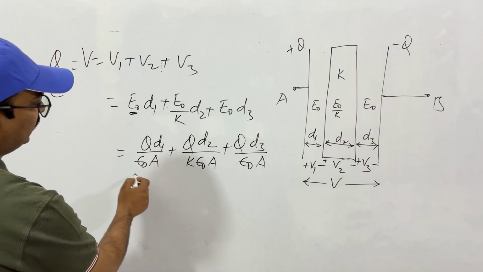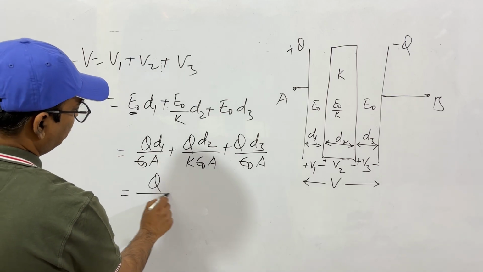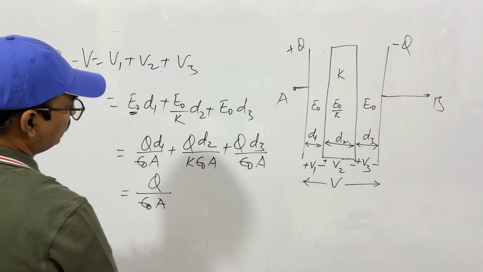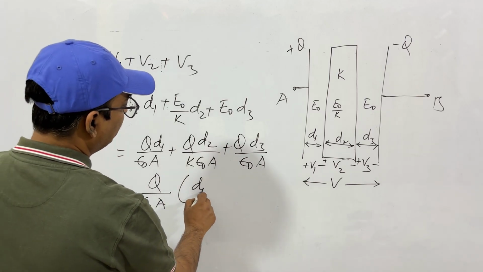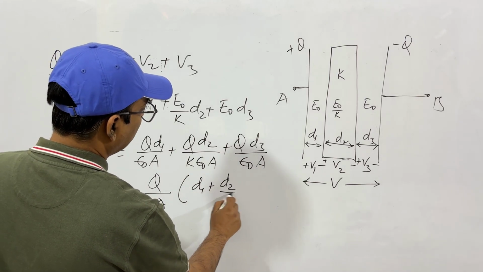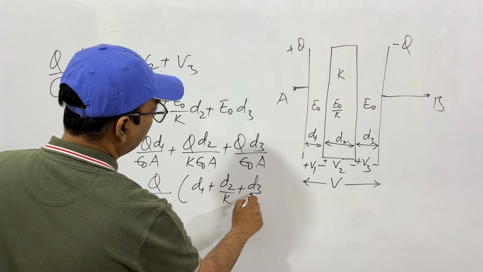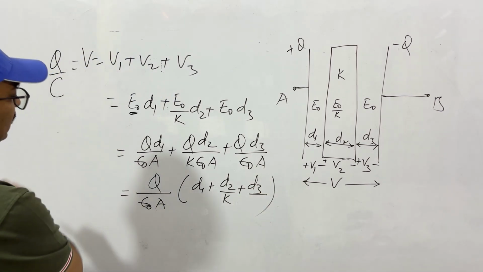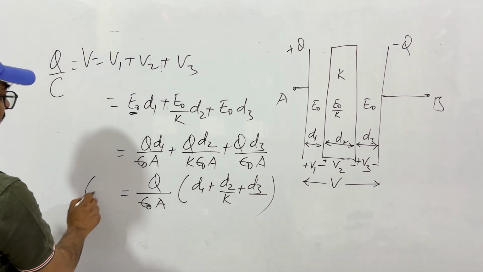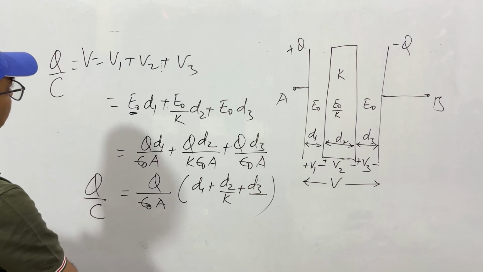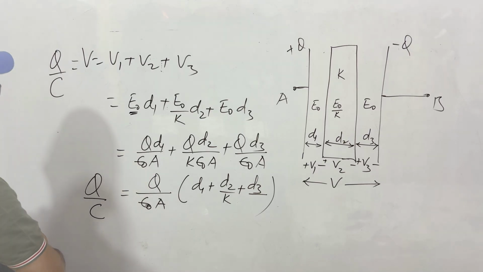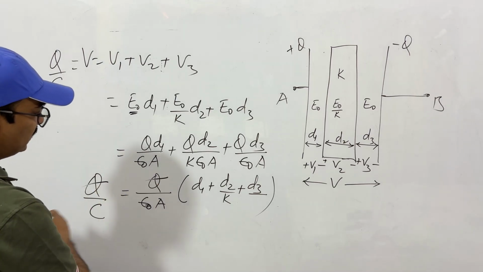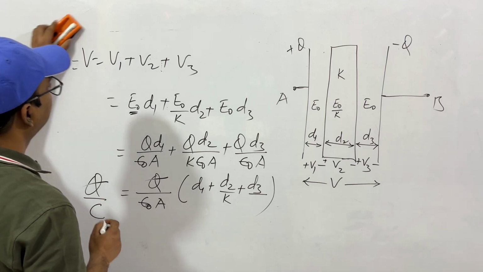If you take common Q by epsilon 0 A as constant, you get d1 plus d2 by K plus d3 by nothing. This is what you get. And here you have this as Q by C. Okay, so Q cancels.